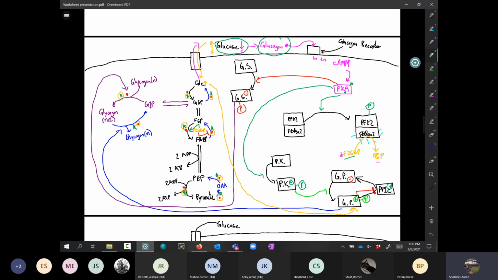Now, what's it going to do? Well, it is going to do this. Draw another green arrow. It's going to do this. Dephosphorylate that. I guess I should have extended my green arrow a little bit further. I'll do it right now. So it's going to dephosphorylate phosphorylase kinase. That will be now inhibited. So that's not going to be activating glycogen breakdown any longer. And PP1C is going to come all the way up here.